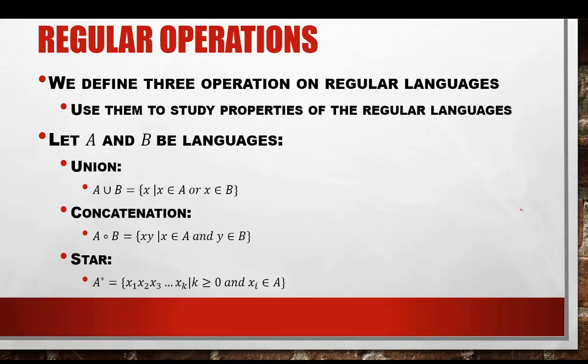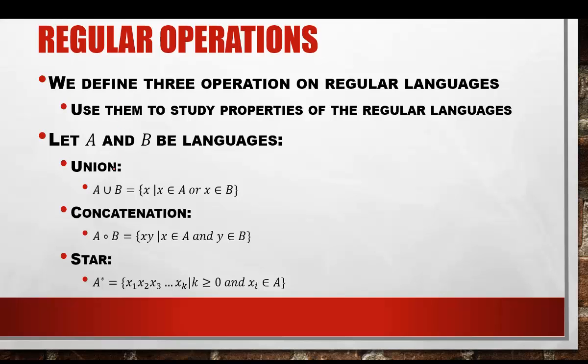Okay, so the three basic regular operations that we will be talking about when we combine languages are union of two languages, concatenation of two languages, and the star of a language.